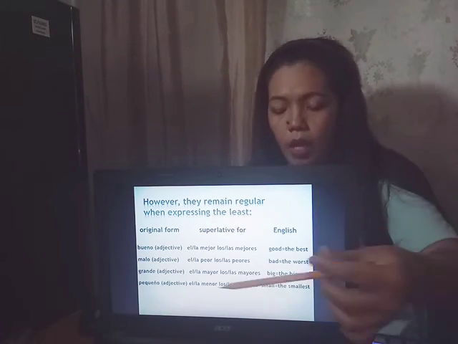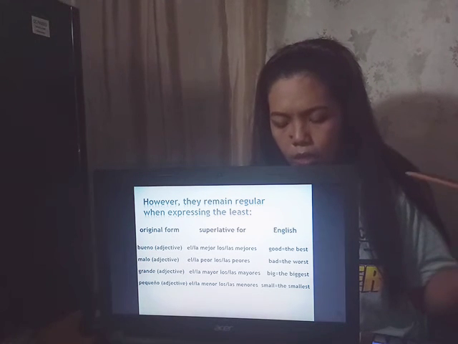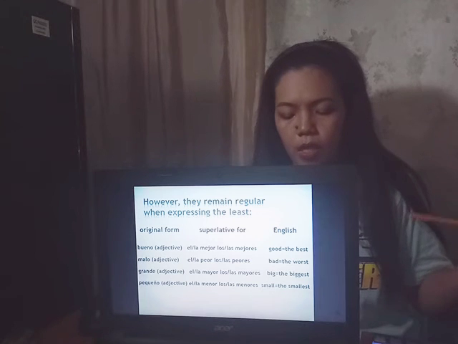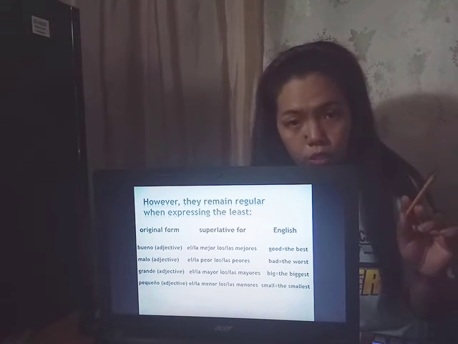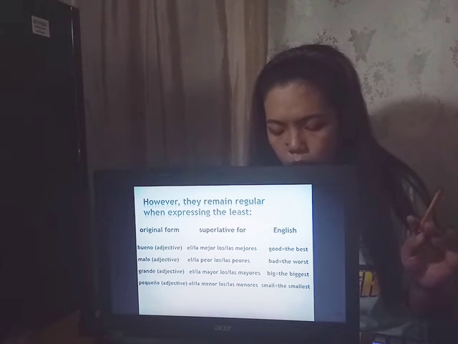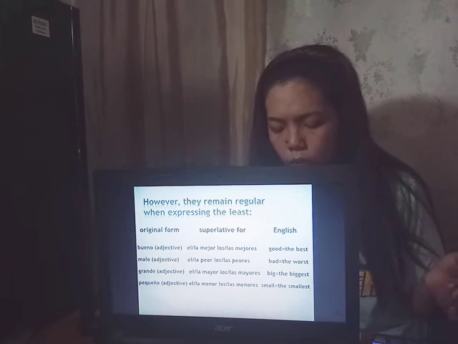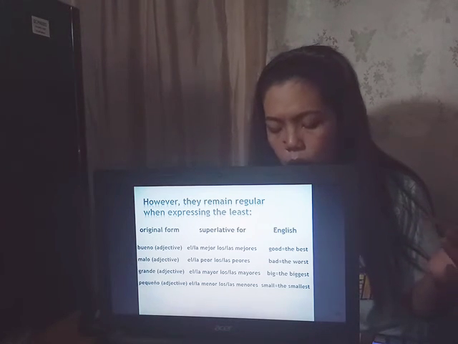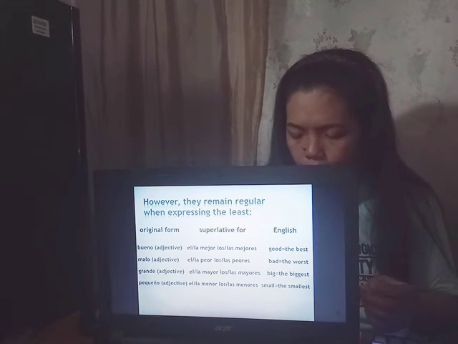Again from the start, these are the irregular forms. Original form, bueno, in Spanish. Superlative form, el la mejor, los las mejores. In English, good becomes the best.